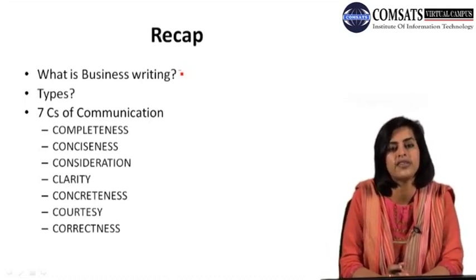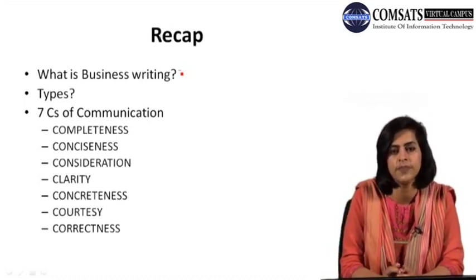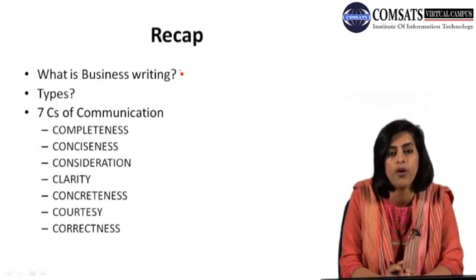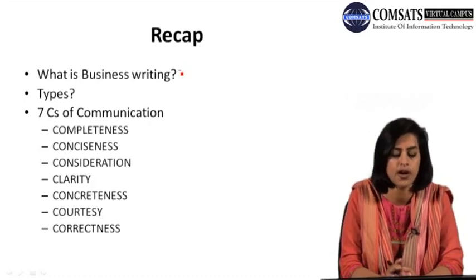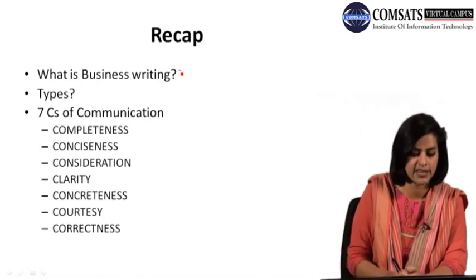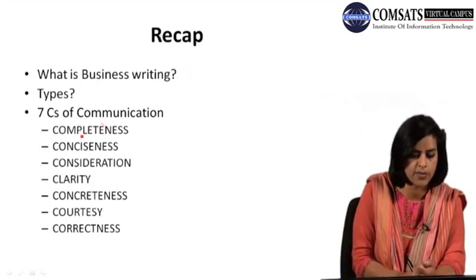For that we discussed the 7 C's of communication thoroughly in our previous lecture, and we tried to define how you can check for the different C's of communication, as you can see on the slide. Let's recap them one by one.